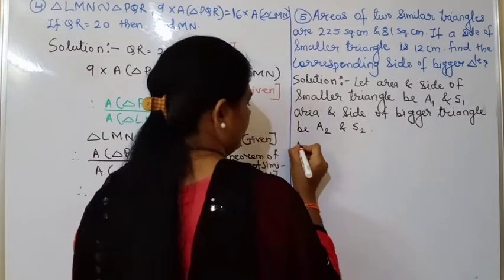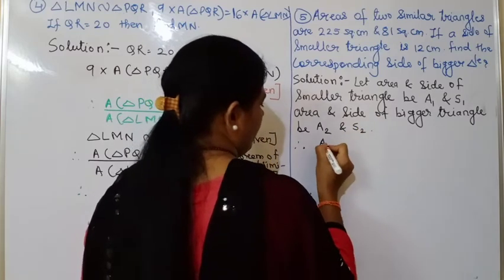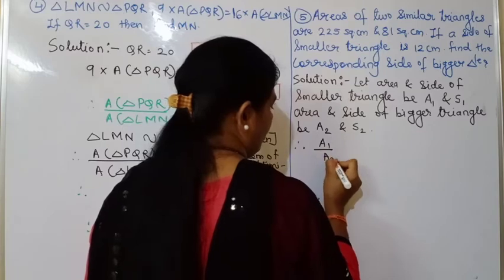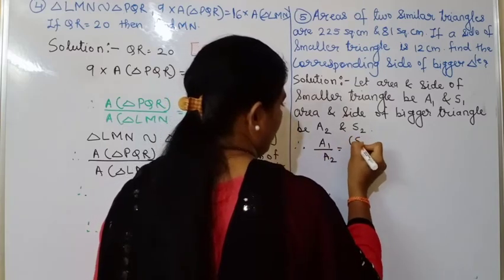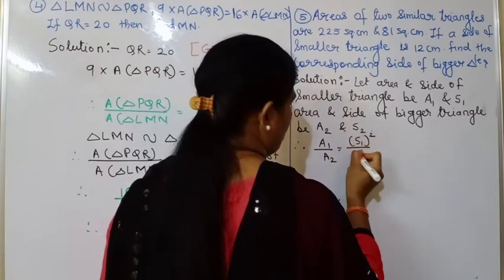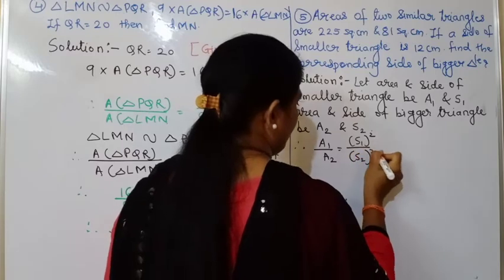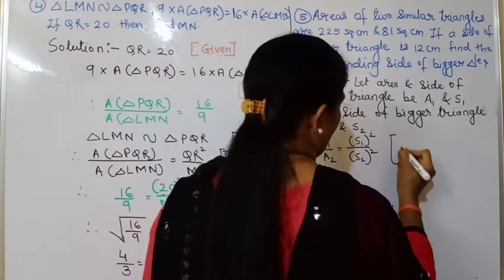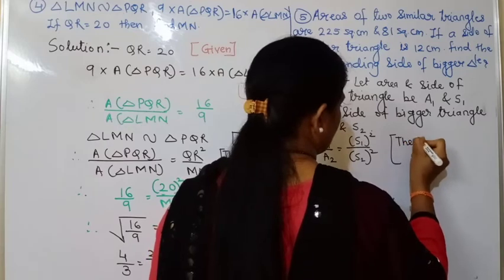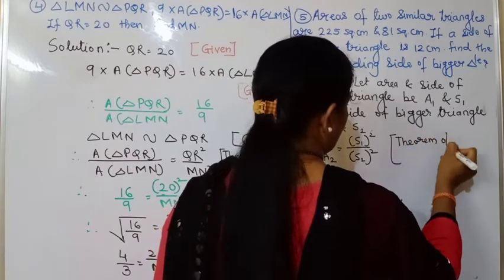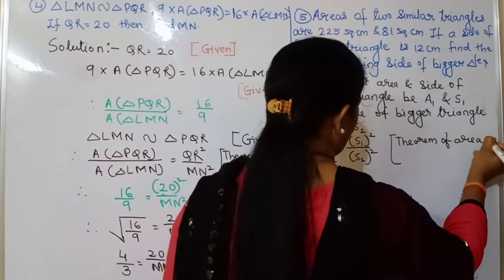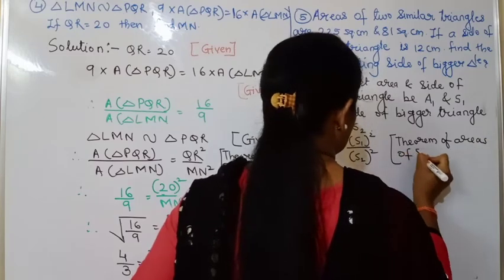Okay, so we'll write the ratio, therefore that is A1 upon A2 is equal to S1 square upon S2 square. Okay, this is by the theorem of areas of similar triangles.